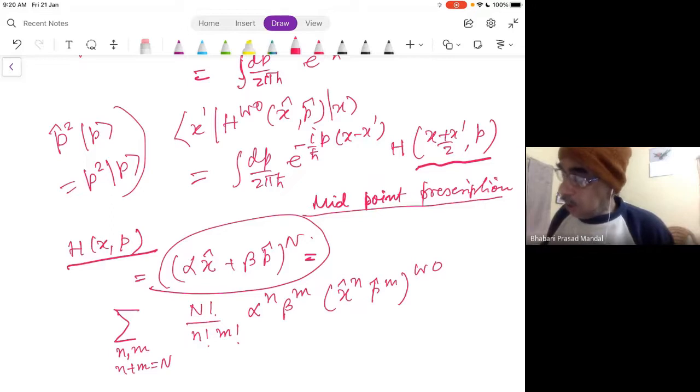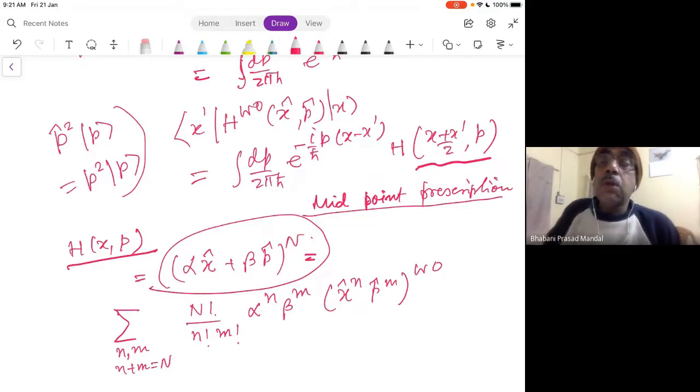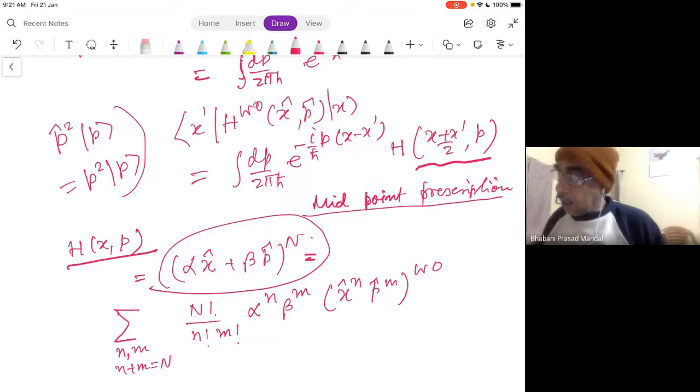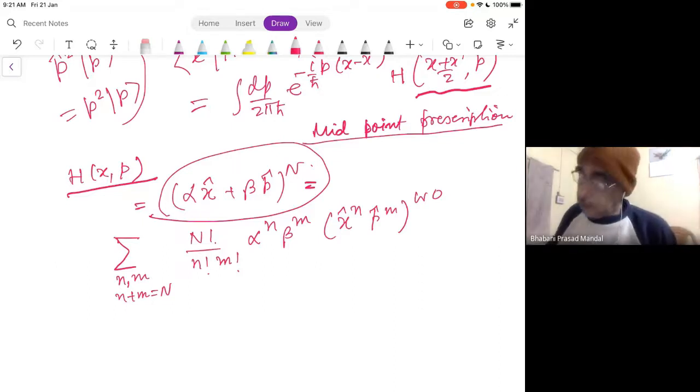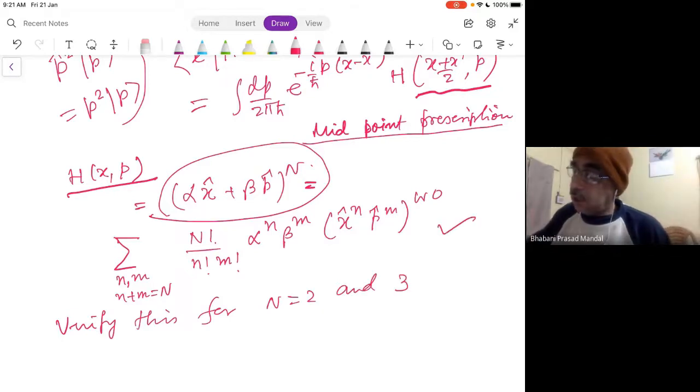So this quantity can be written as a Weyl ordering of x to the power n p to the power m. So you can prove this. First thing is to verify this result for n equal to 2 and 3.